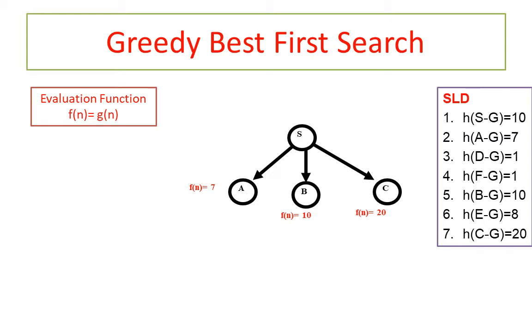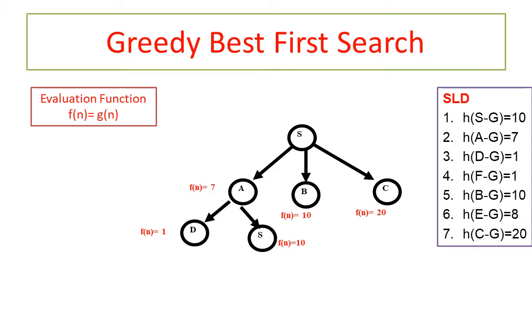Among the three nodes, A has the shortest distance, so we are choosing that path. And again we can find the child nodes of A. A is adjacent to D as well as S. For D the straight line distance is 1, and for S the straight line distance is 10.